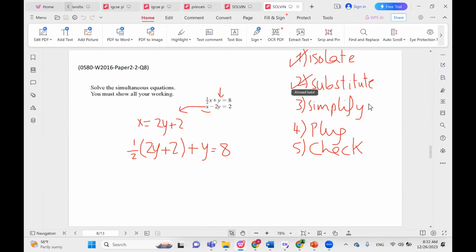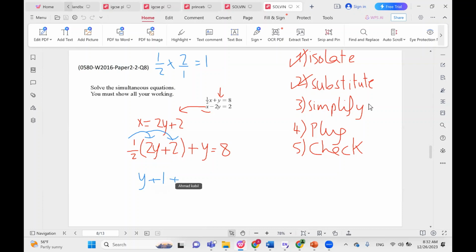We go on to simplifying, and we distribute the half over the bracket. Half times 2 is basically 1. Half multiplied by 2 over 1 gives you 1. So half times 2y is y, half times 2 is 1.